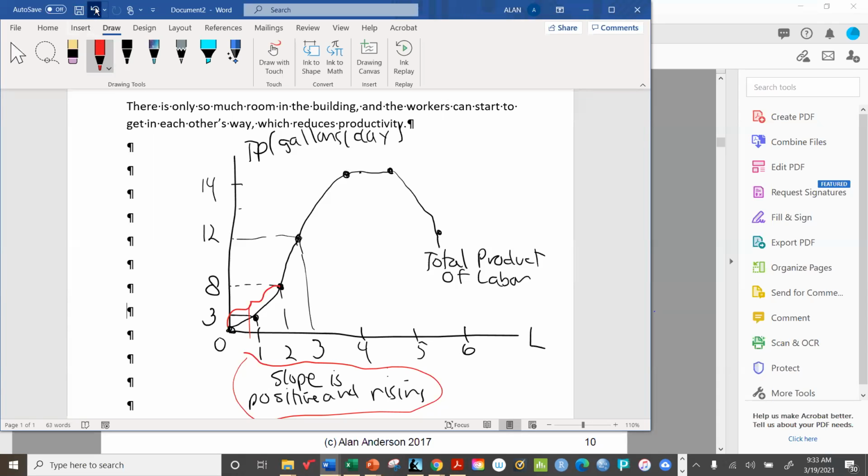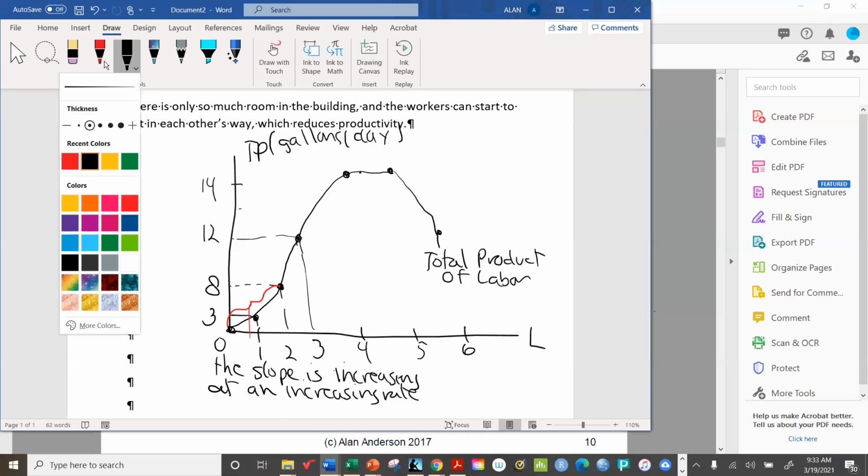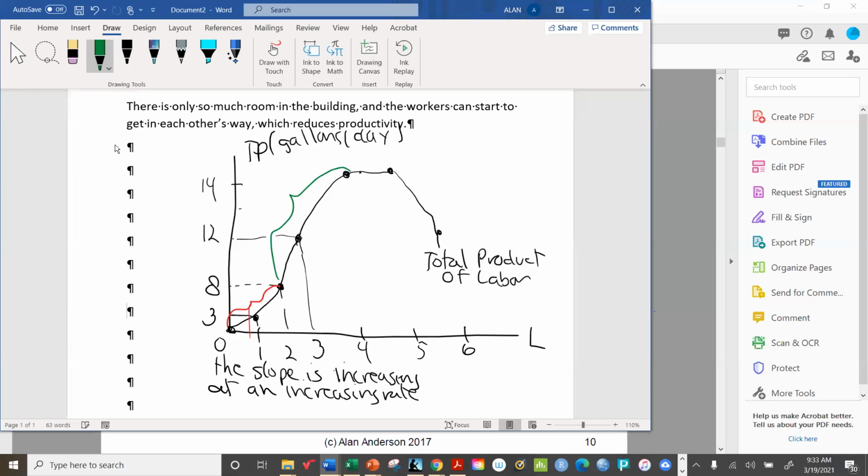Let me just describe this a little bit differently. What's really happening is that I think a better way to describe it is that the slope is increasing at an increasing rate. How about that? I think that sounds better. And then we'll move up here and we'll see that in the next region from 2 up to 4, the slope is actually increasing at a decreasing rate.